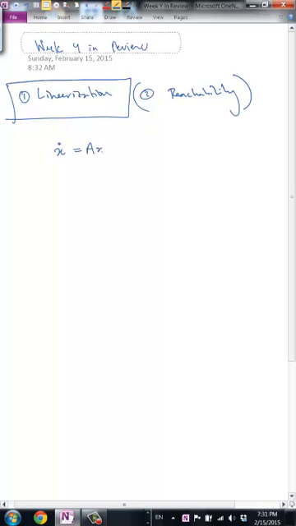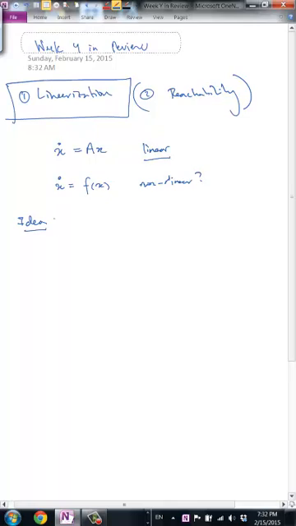If we have a linear system, we understand stability. But what about nonlinear? The most important thing is to understand stability near an equilibrium point.